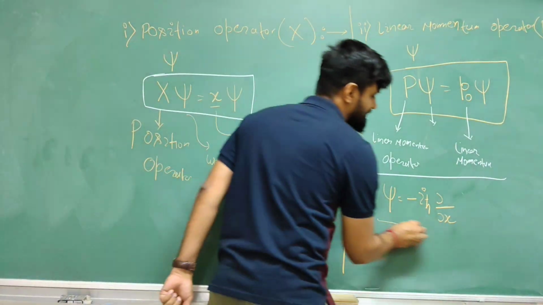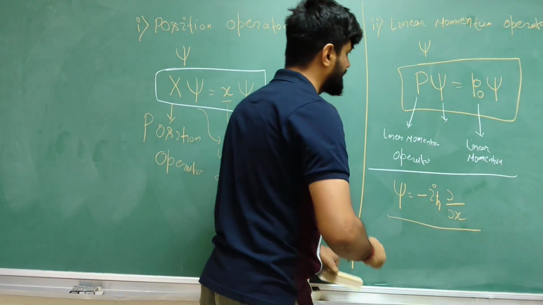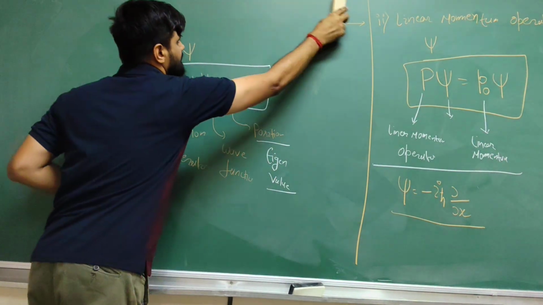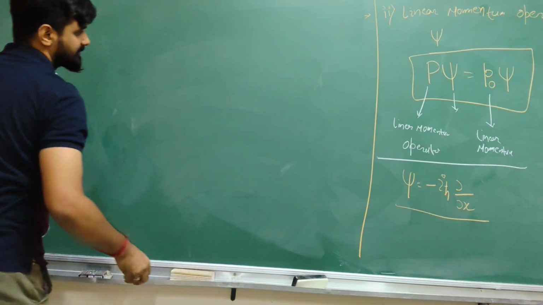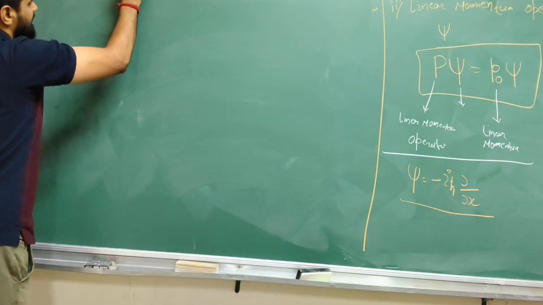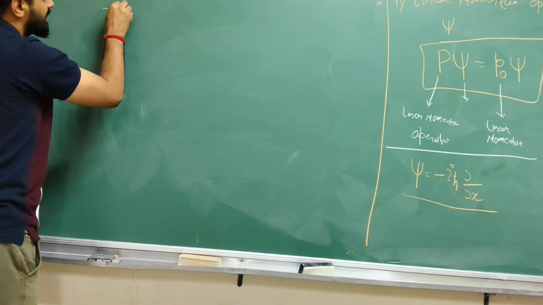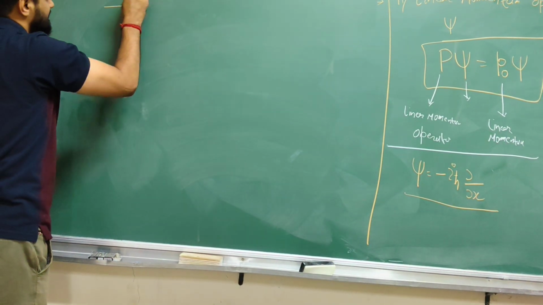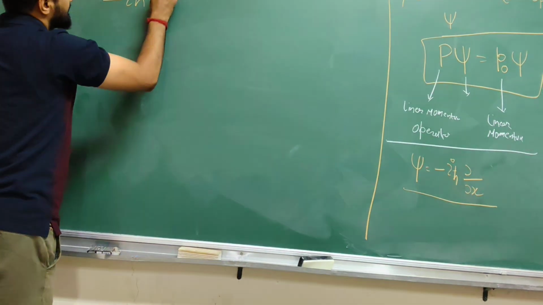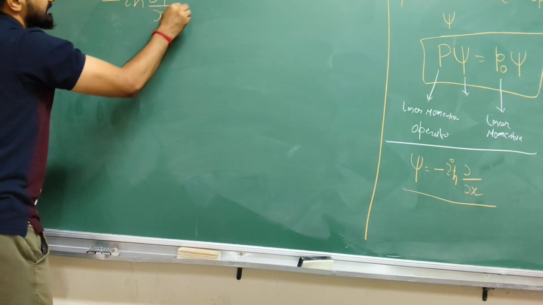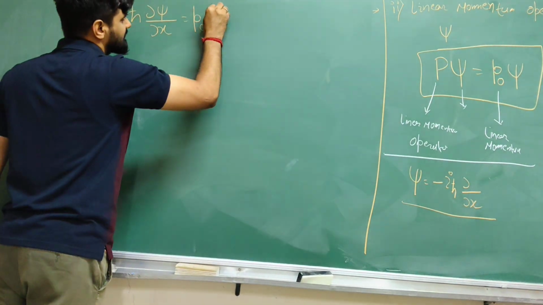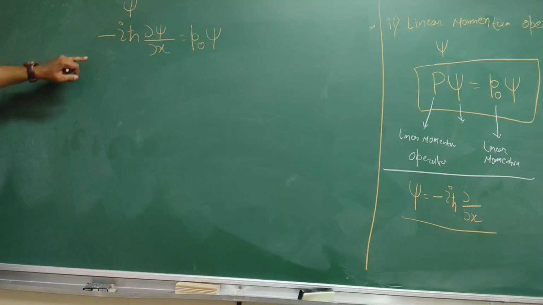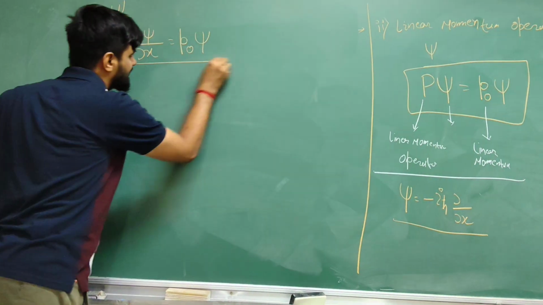So basically what happens here: you have a wave function, let's say psi, and then you operate this linear momentum operator, that is your minus iħ ∂psi/∂x, that will give you a value of linear momentum p naught, times psi. So basically how these things can be calculated, it's very important.